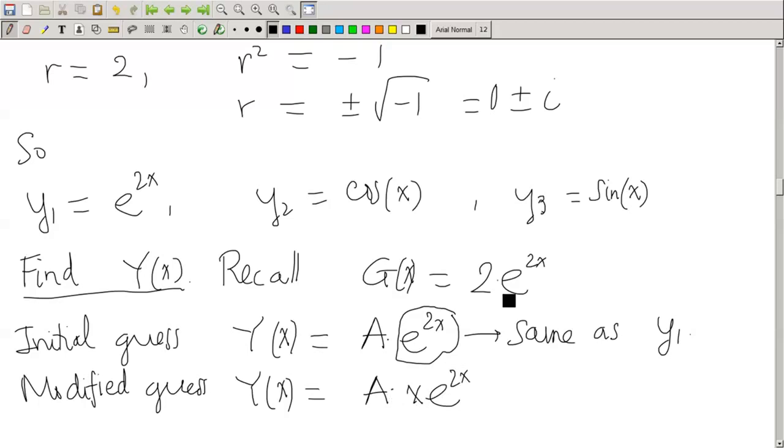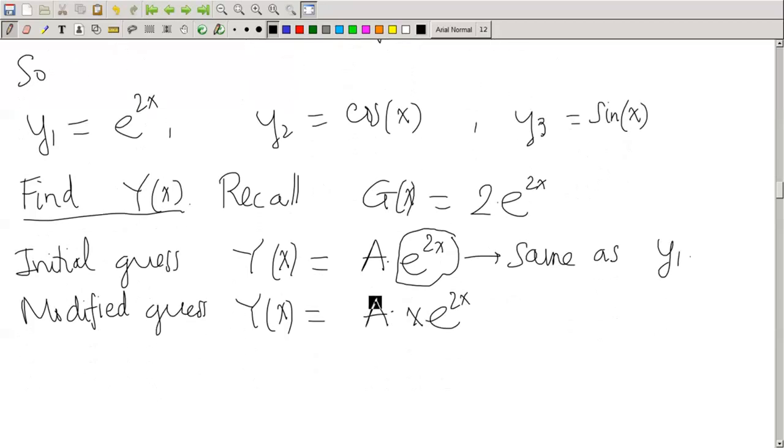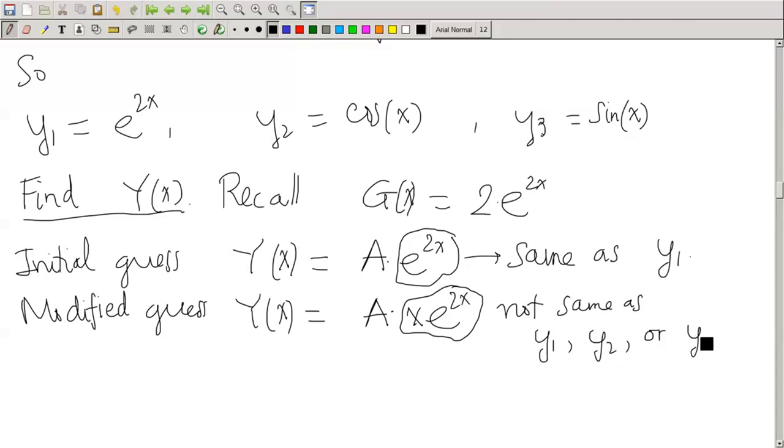So our new guess is a times x e to the 2x, and x e to the 2x is not the same as y1, y2, or y3. So we don't modify anymore, and this guess will work.